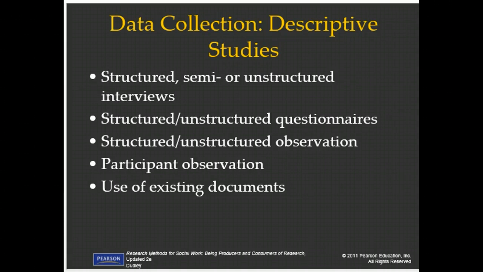This is true about any one of the studies, but what you're really looking for in data collection for descriptive studies is targeting as many people as possible, or having a random sampling of the population that you're trying to describe, and collecting frequencies, numbers, data about that population so that you can describe the experiences.